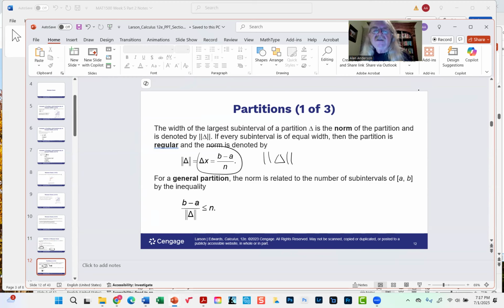So what they're telling us here is that the norm, the way it's defined, is if I rearrange this algebraically, just cross multiply, and in turn, because the norm is the largest change, the largest delta, that indicates that n must be greater than or equal to this ratio.